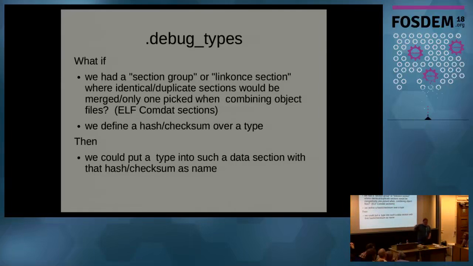That's a nice thing. Then if we would calculate some hash or checksum over the type that we put in a special section, then we could reference those sections with the hash as the name.